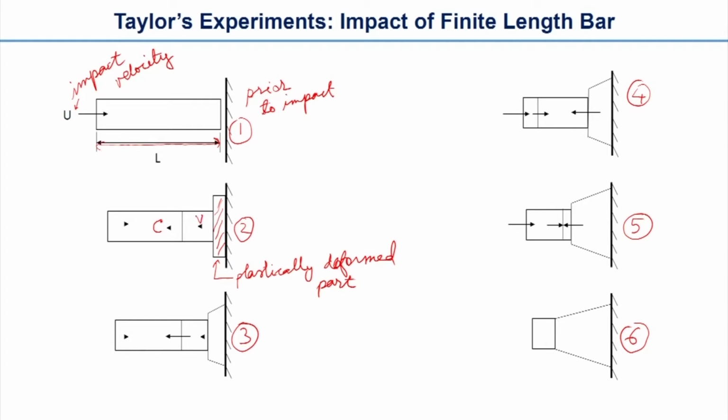The plastic wave velocity we write as small v. Let's say this portion is h, the length of the plastically deformed part. Here we have u, which is the same as the particle velocity here. We will discuss that later.